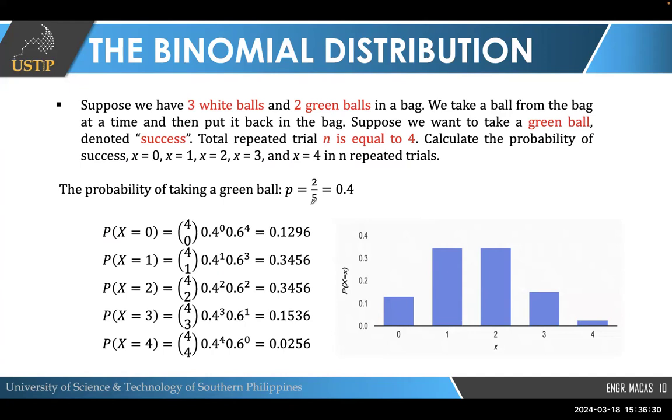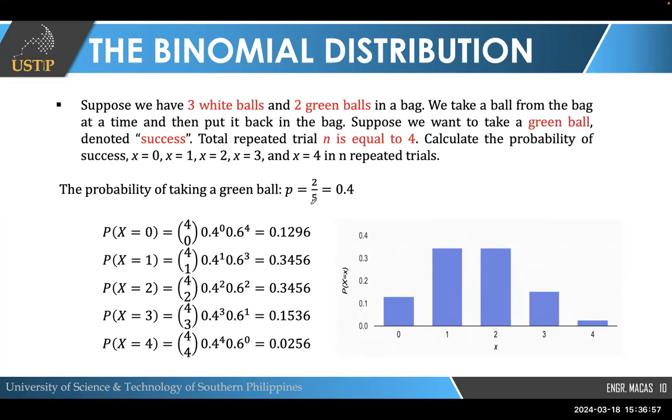But tan-awon nimo, class, this can be an example of binomial distribution, because you only have 2 outcomes, white or green. Siguro na-trick lang mo sa number of white balls and green balls. But basically, you just have 2 possible outcomes.